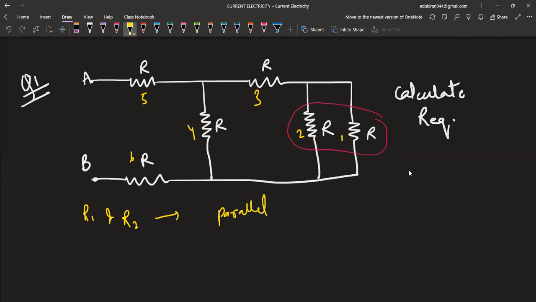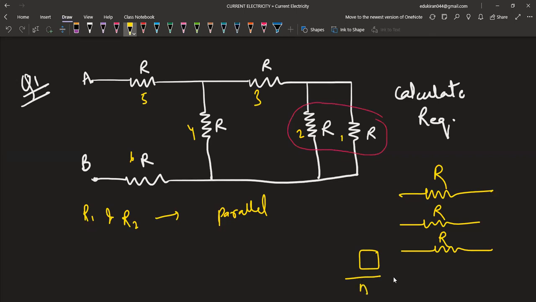See class, when two identical resistors, or not just two, a number of identical resistors, meaning having the same value of resistance, then in parallel connection, just take the value of resistance and divide it by the number. Like I want to calculate R12, equivalent resistance between 1 and 2. So I'll write it as R by 2, meaning the given resistance divided by the number of resistors. Okay, that will help your answer be very quick.